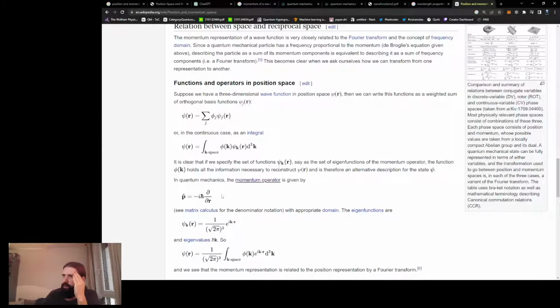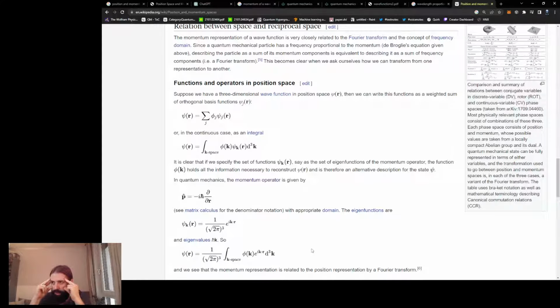So the momentum operator, and this is probably why you can do this, right? Because the momentum operator is where you have the differential of position. So that encapsulates that calculation.